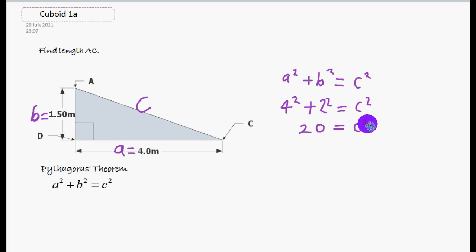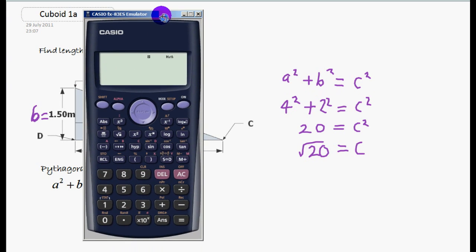So therefore we're going to need to square root that to find c. Now if we bring in our graphical calculator and type in the square root of 20, some questions may ask you to work it out to so many decimal places. Some might ask you for a surd answer. There's a surd form, 2 times root 5. We'll write down the decimal as well in this question.